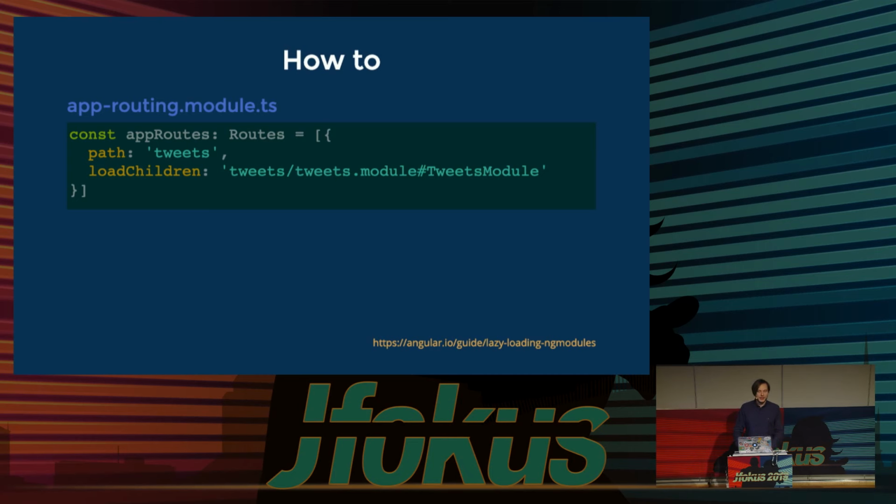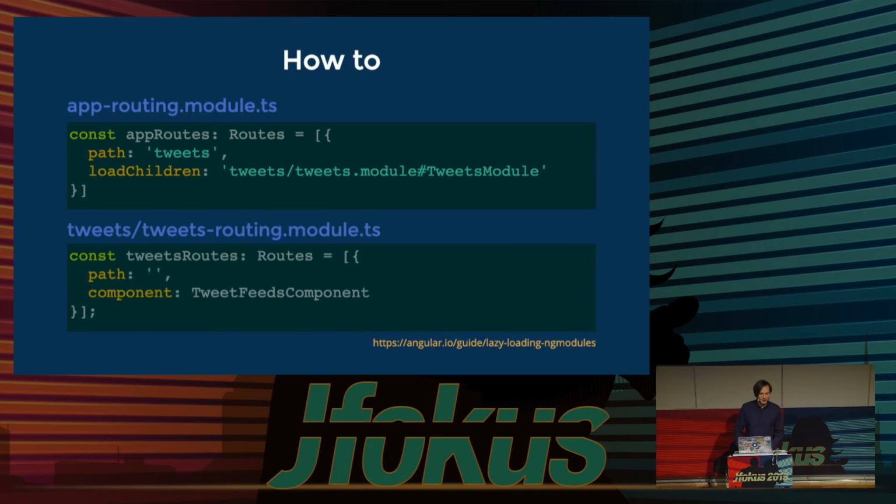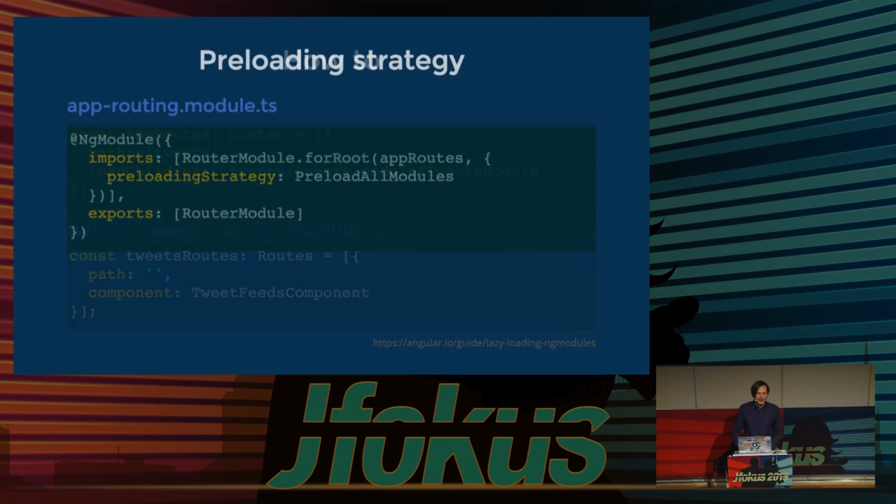So okay, we provide the special key, in the routes configuration, and inside this lazy loaded module, we have our own set of routes starting from the parent route. So yeah, it's as simple as really using the loadChildren flag in your routes configuration.